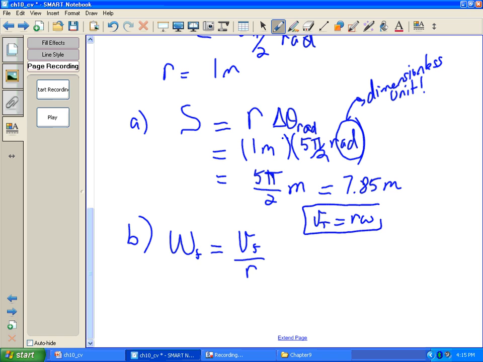So this allows us to solve for the angular speed at the point of release. And 25 meters per second divided by 1 meter gives us 25.